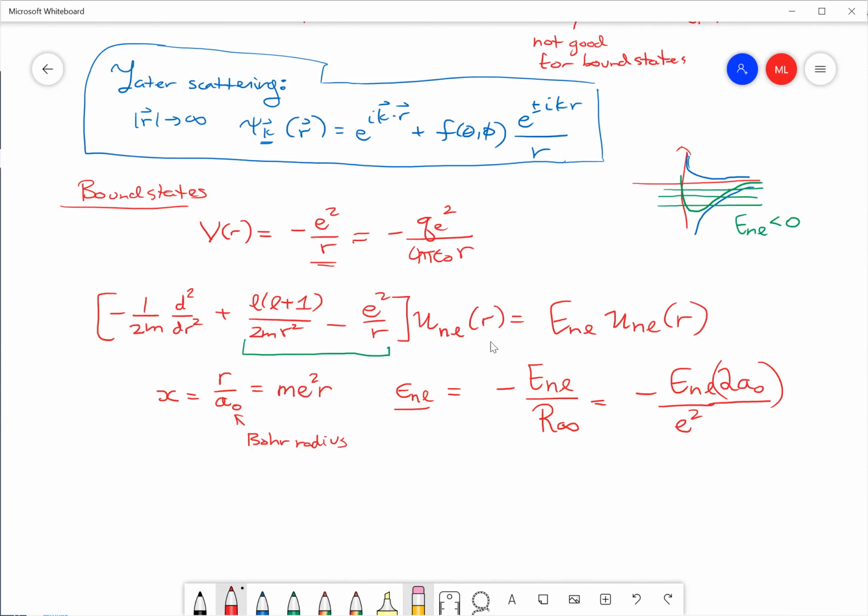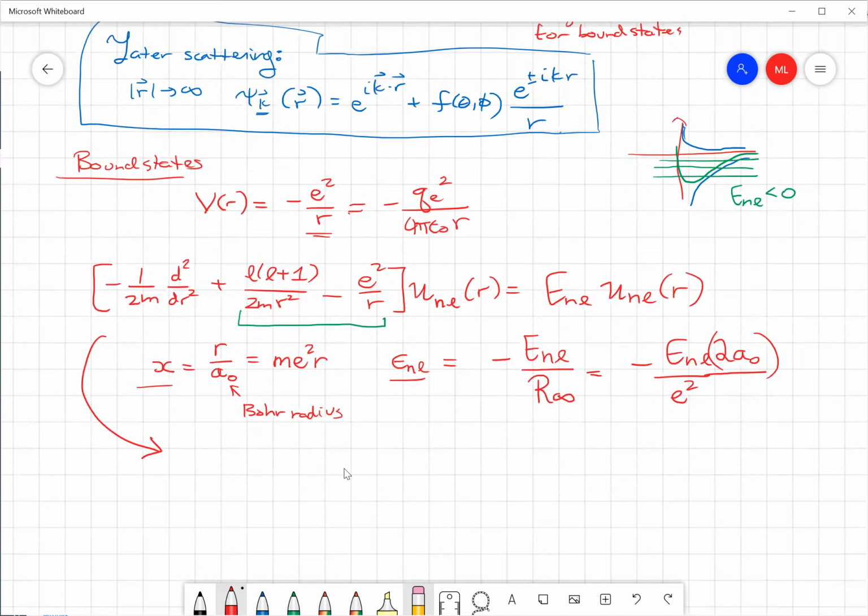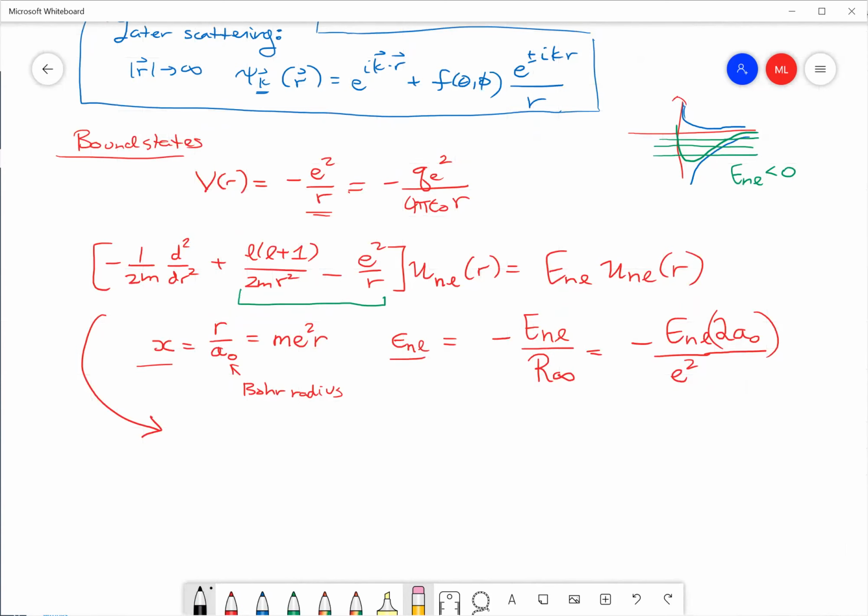It's very convenient because then all the e squareds and m's go away. By changing variables, you'll find a much nicer equation, because it no longer has e's and m's running around. You'll practice doing this for another kind of potential on your homework.